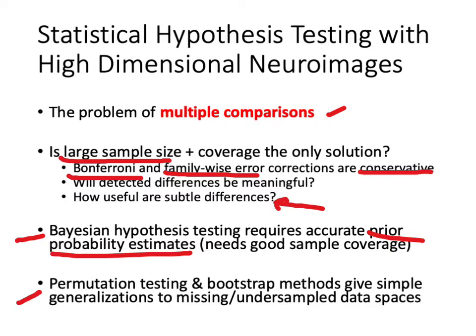So this technique, although achieving some good results, still is a little bit simplistic because the idea here is that even in a cohort of, let's say, 1,000 MRI images or 10,000 MRI images, we may still be undersampling some aspects of the population, and that in these undersampled data spaces, the permutation testing and bootstrap methods are making overly simplistic assumptions.